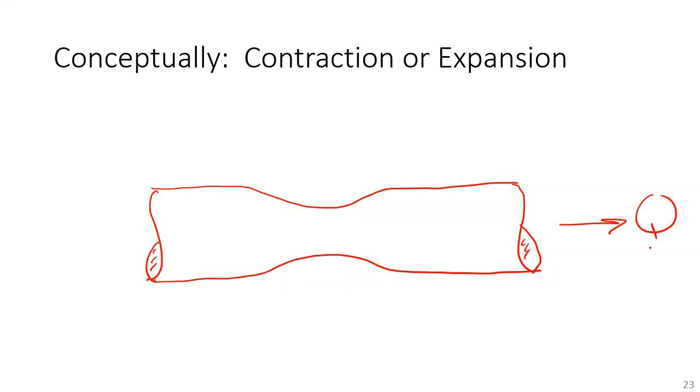And flow is from left to right. So we first go into a contraction and then we go into an expansion. So it goes from the original pipe diameter to a smaller pipe diameter, back to the original.